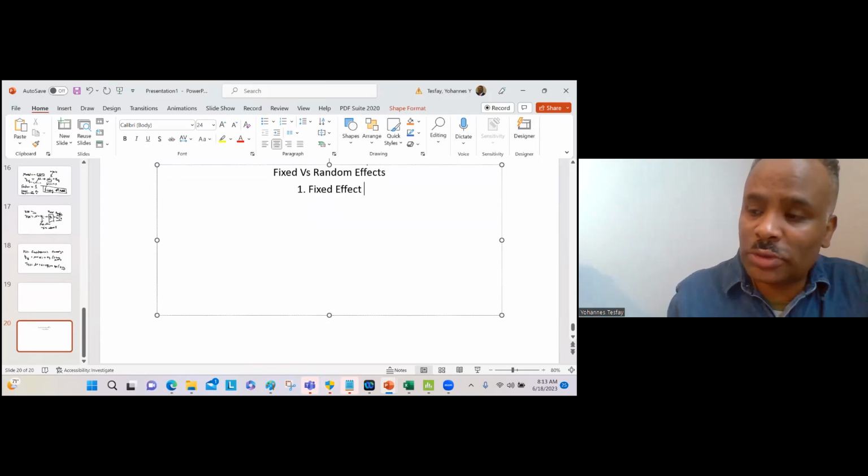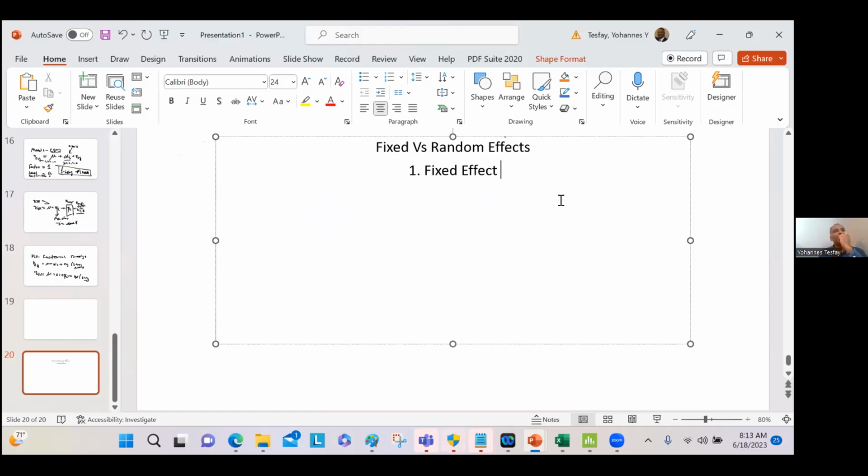Fixed effect. You can quantify the effect without error.